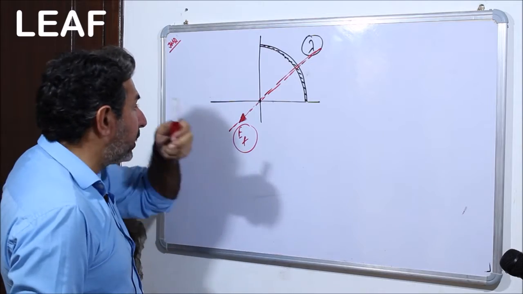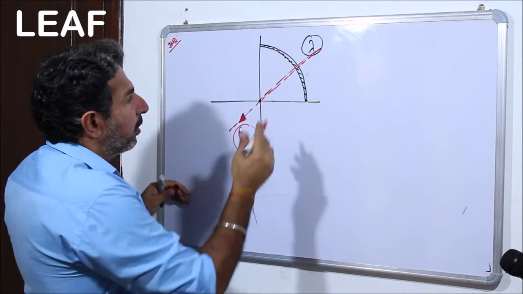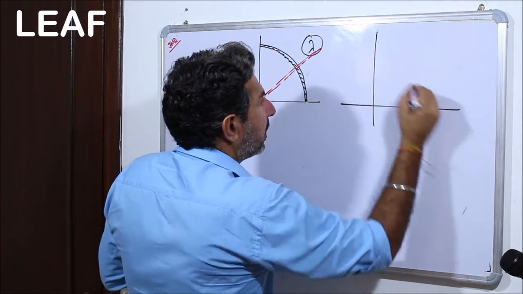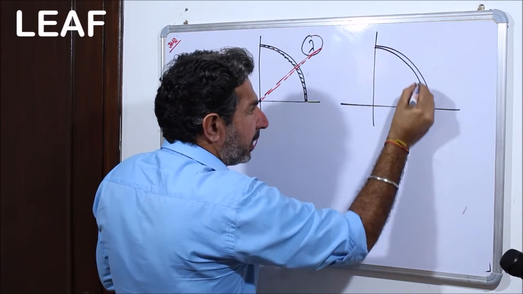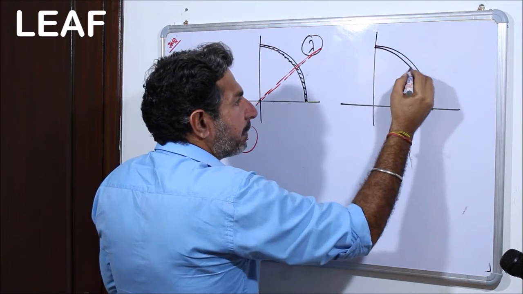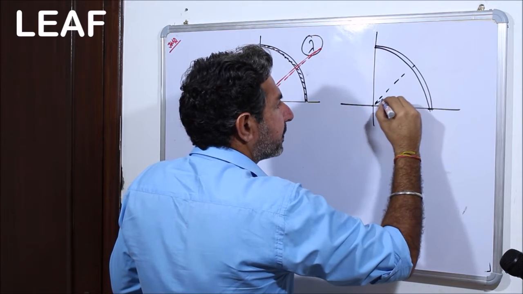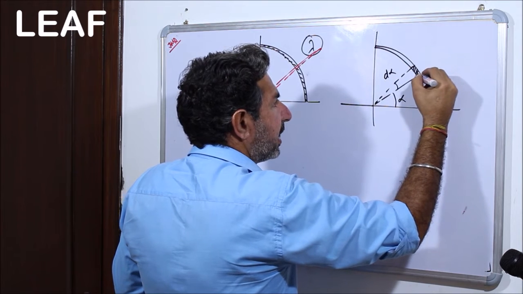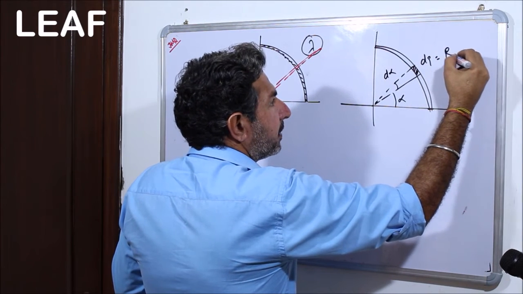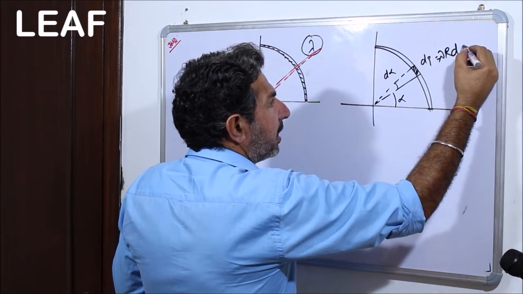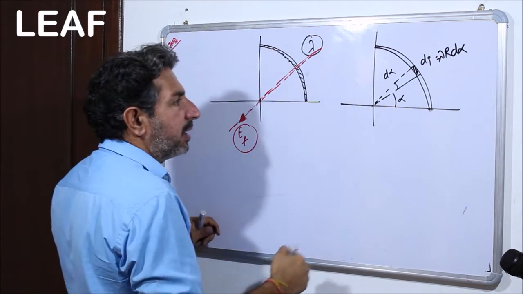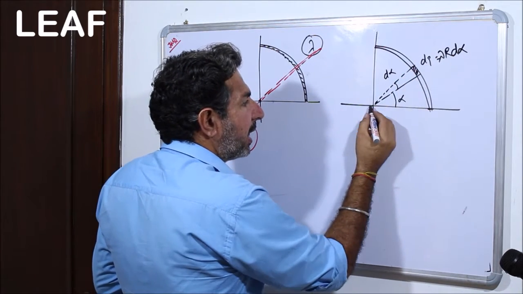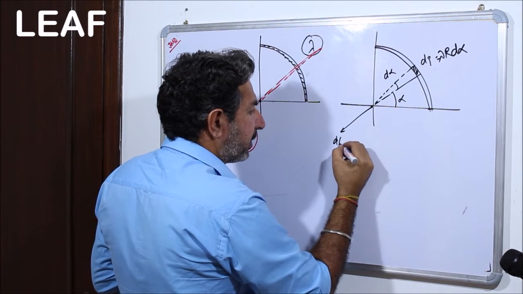Actually fine, if you are not going to do it like this, no worries. What you can do is, you can simply solve it like this. That is not going to make a big difference. The only point is that you are going to get the resultant afterwards. Suppose you are going to have this section. This angle is alpha, this is d alpha, and this is again dq, which is lambda r d alpha, as we have done in the last article, and it is going to cause a small electric field here.